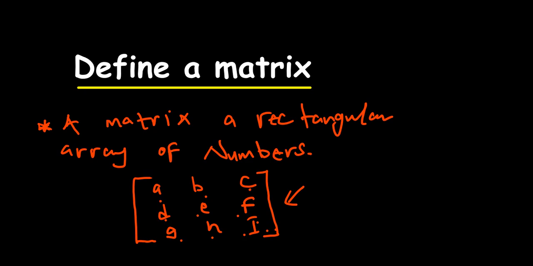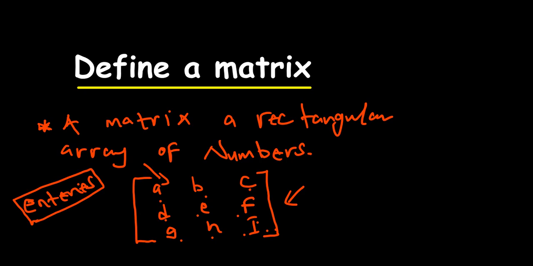The numbers inside this matrix are called entries of the matrix. So that's the definition of a matrix.